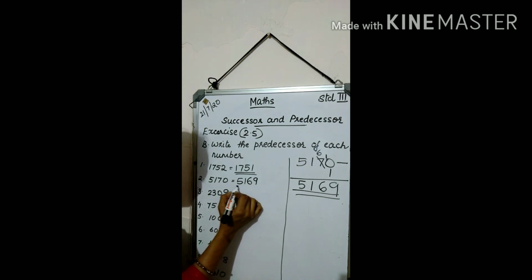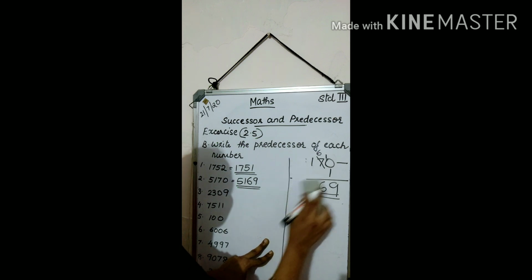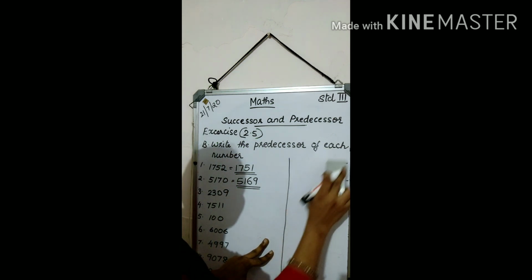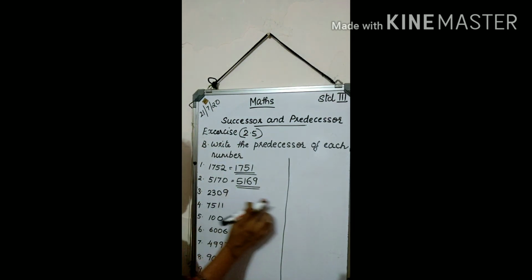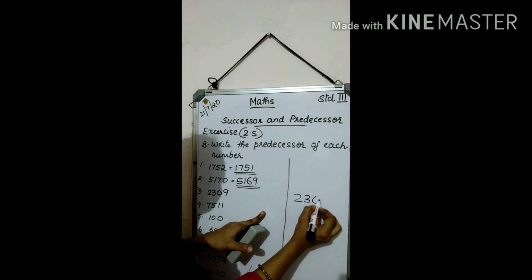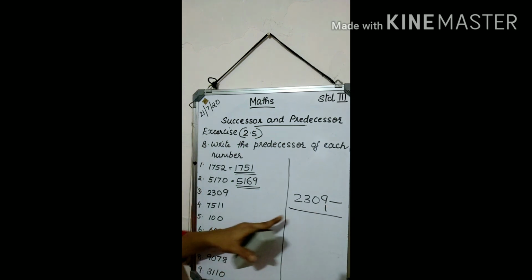Got it clear? Okay. Then write down the next question. Next question, write down the question straight to this line. 2309 minus 1. 9 minus 1, what will you get?